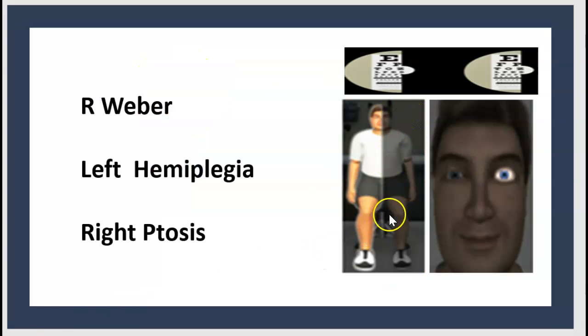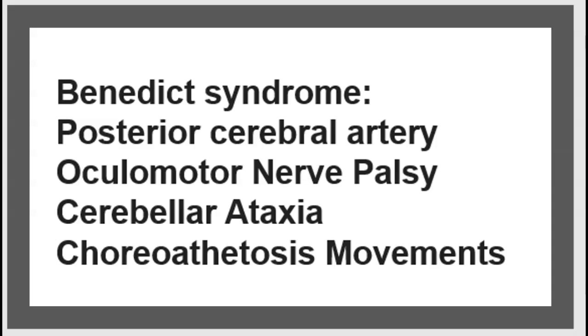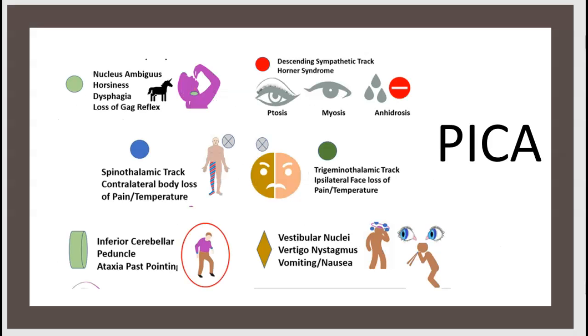Right middle cerebral artery: arm and face more than leg. Weber: left hemiplegia, right ptosis. Benedict syndrome, posterior cerebral artery: oculomotor nerve palsy, cerebellar ataxia, and choreoathetotic movement. PICA, many symptoms.